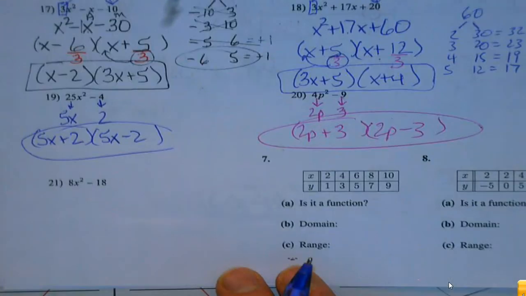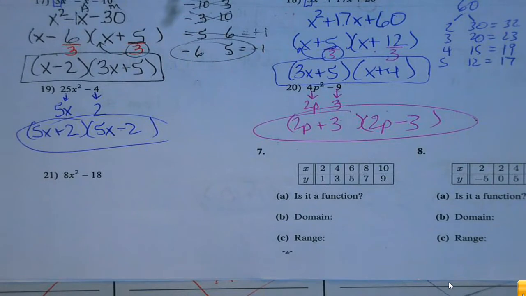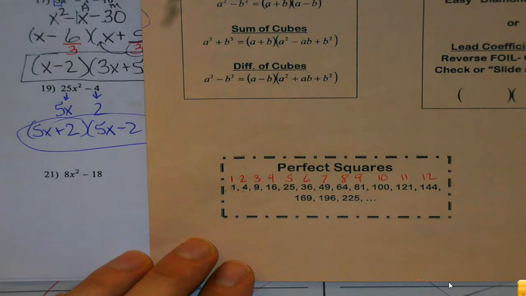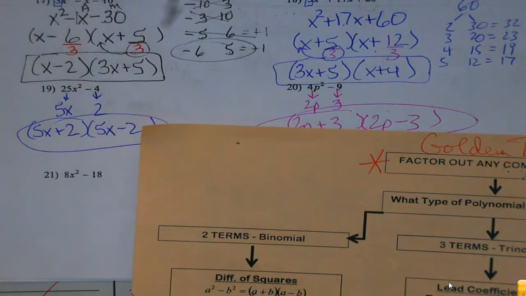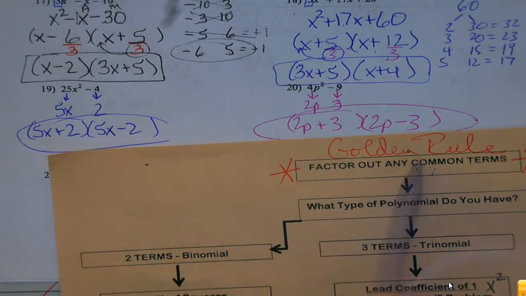And then we come to the one that tends to throw people off. And I'm not going to say I laugh at this, but I kind of do. People will come up to me even during a quiz and go, Hardy, well, this is supposed to be a perfect squares problem, but 8 and 18 aren't perfect squares. That's true. Did you do what's at the top of the page?